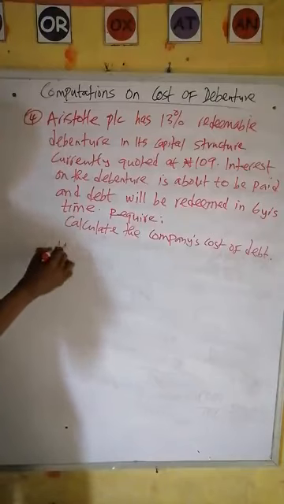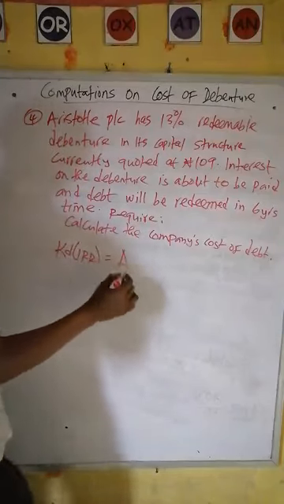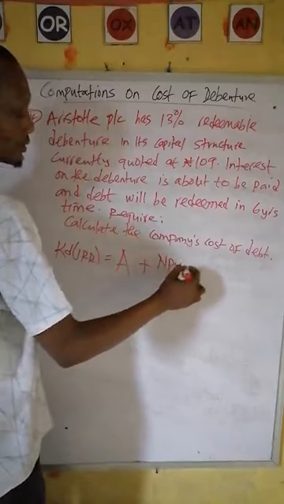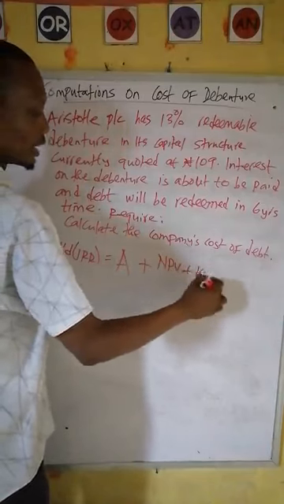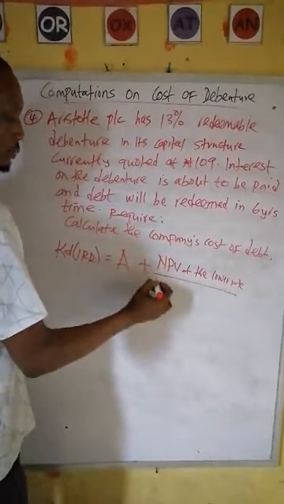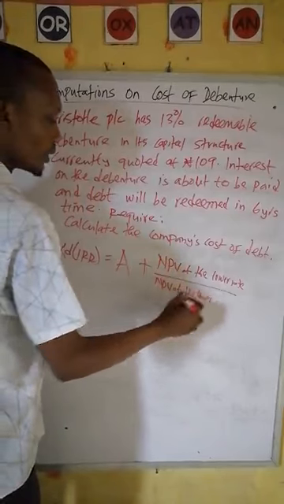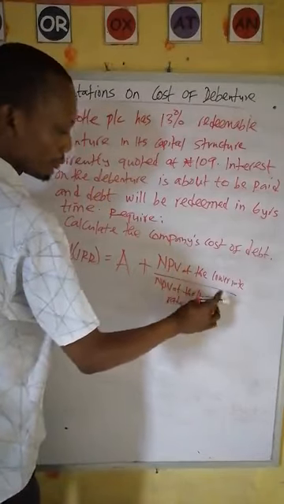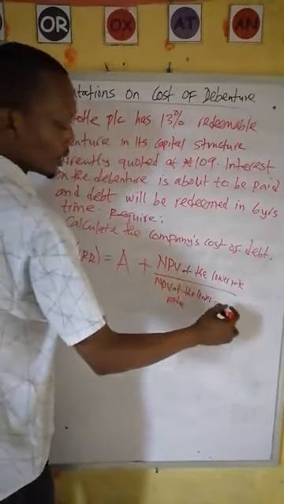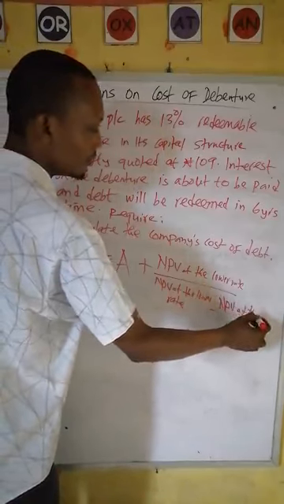So therefore, Kd, which is our IRR, is equal to A plus NPV at the lower rate, all over NPV at the lower rate minus NPV at the higher rate, multiplied by the difference between the higher rate and the lower rate.